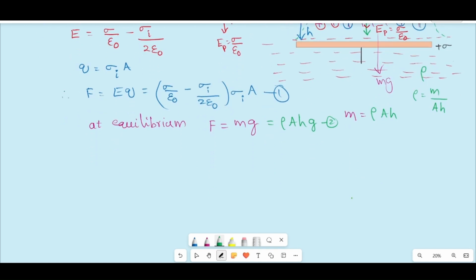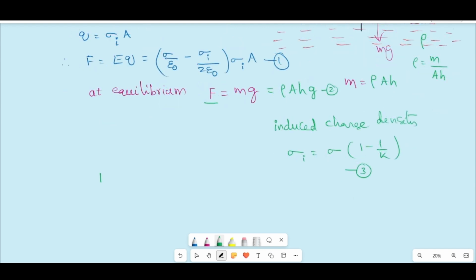One more point we'll discuss: the induced charge density. When a dielectric is placed between the plates of the capacitor, the induced charge density sigma I is sigma into 1 minus 1 by k.